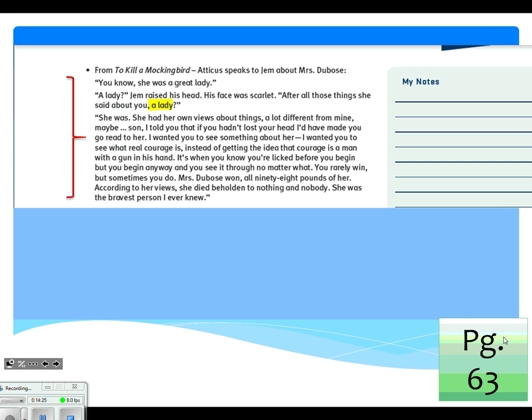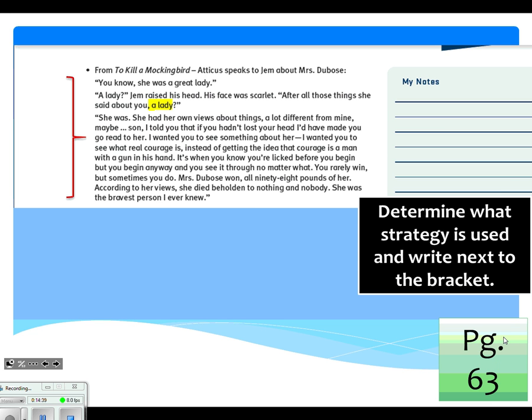I wanted you to see what real courage is, instead of getting the idea that courage is a man with a gun in his hand. It's when you know you're licked before you begin, but you begin anyway, and you see it through no matter what. You rarely win, but sometimes you do. Mrs. DeGoes won, all 98 pounds of her. According to her views, she died beholden to nothing and nobody. She was the bravest person I ever knew.